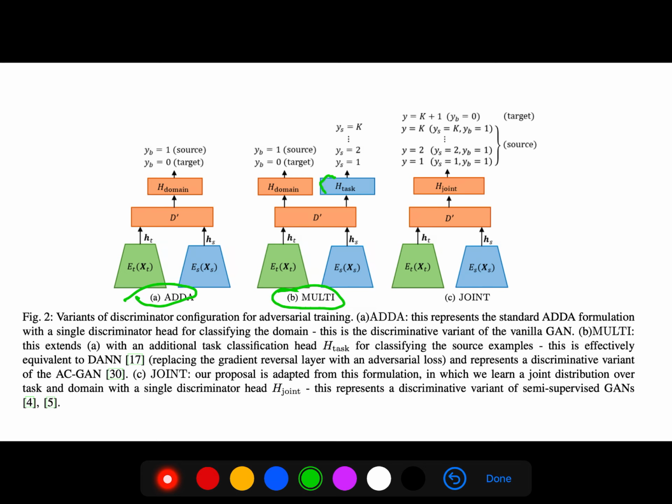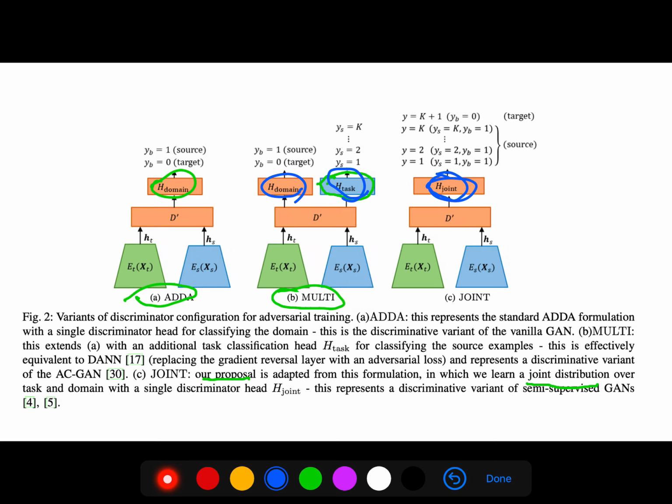So now we also have this task here. And in C, it's joint. Their proposal in this paper is adapted from the formulation which will learn a joint distribution over task and domain. So here it is just about domain. In the multi version, we also have class and domain. But here they jointly combine the losses for the domain and task specific.